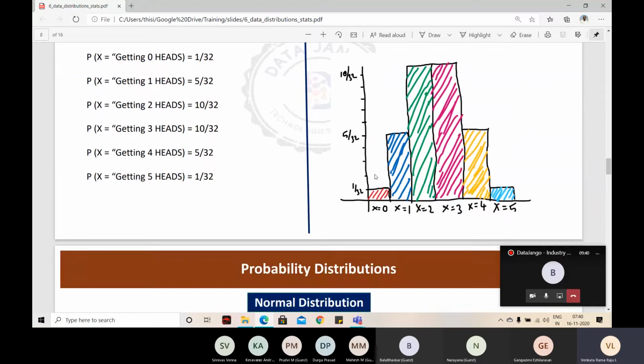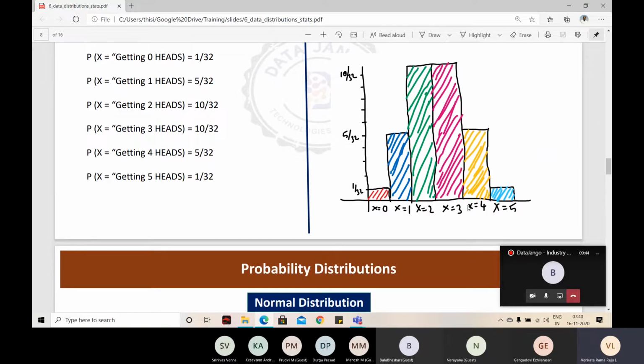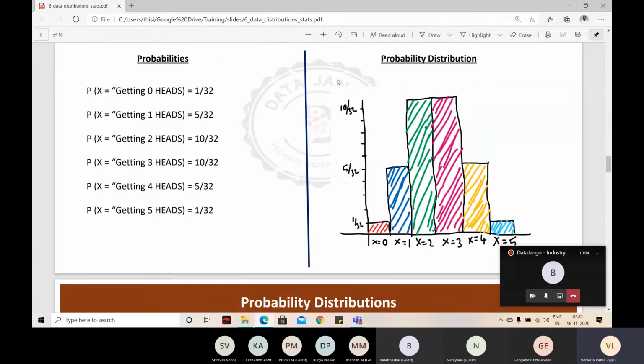So when you try to do a plot, it is going to be like this: getting 0 heads, getting 1 head, getting 2 heads, getting 3 heads. It is binomially distributed. Theoretically, it is binomially distributed. Even if you take the denominator out, ignore the denominator also, the shape will not change. That means count and probabilities are kind of synonyms.